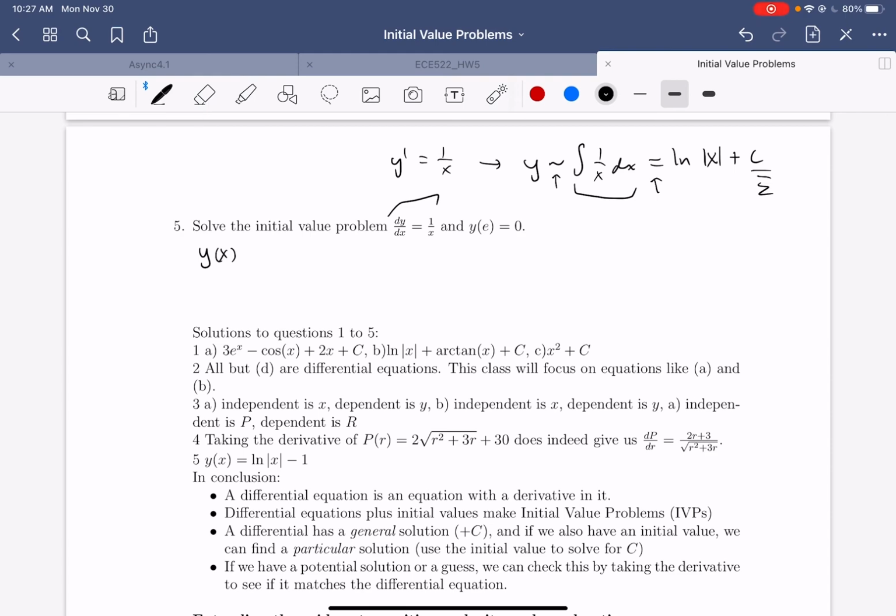So for now, I'm going to write y of x is equal to natural log of x plus a constant, where this extra bit of information is called an initial condition.